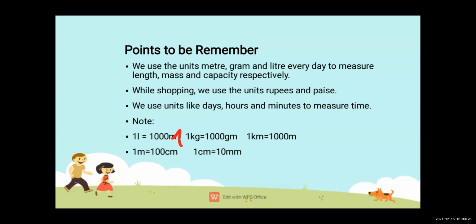And 1 centimeter is how much millimeter? That is 10 millimeter. So all this you need to learn, and your brain should remember all these things. So have you understood what are the units and where we are going to use these units? We are going to use them in our day-to-day life also.